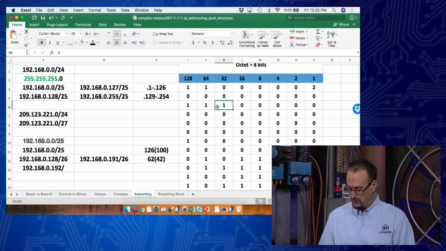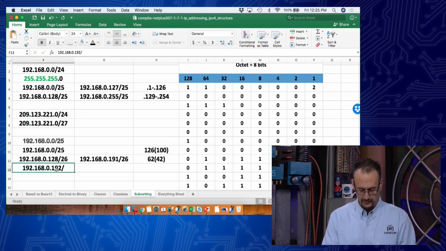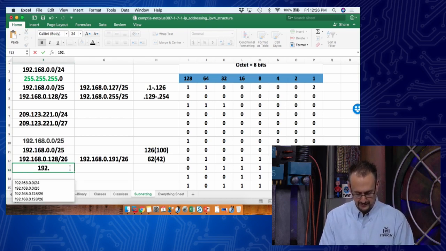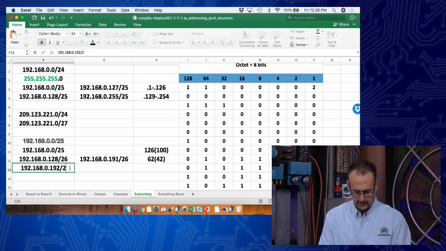So in that last octet I'm going to put 224, that's 3 bits. 24 plus 3 is going to be a /27. Yep. All right, so 192.168.0.192/27.